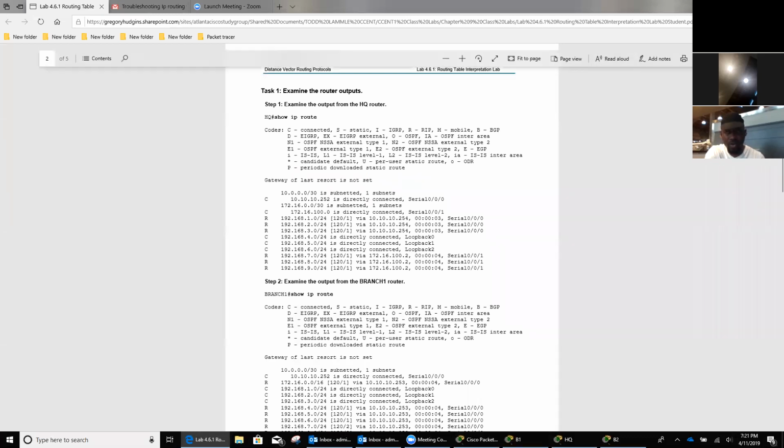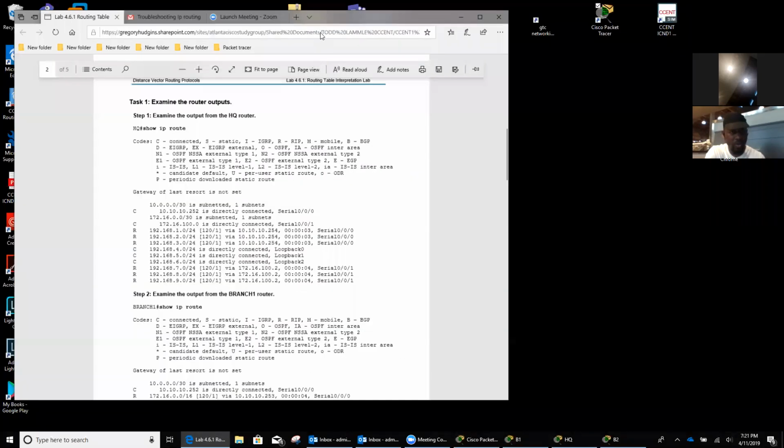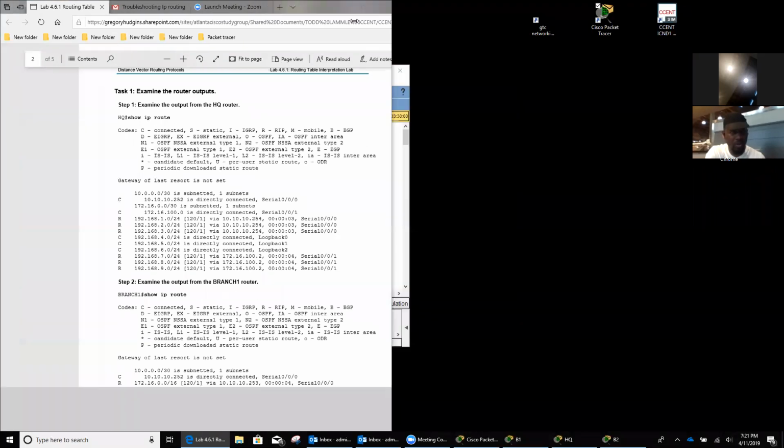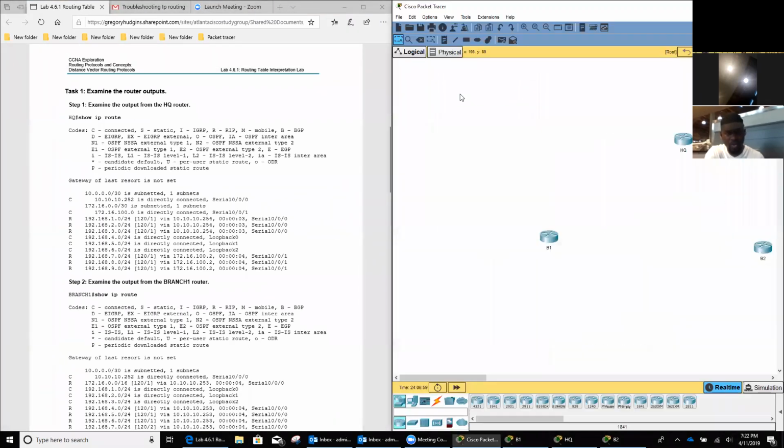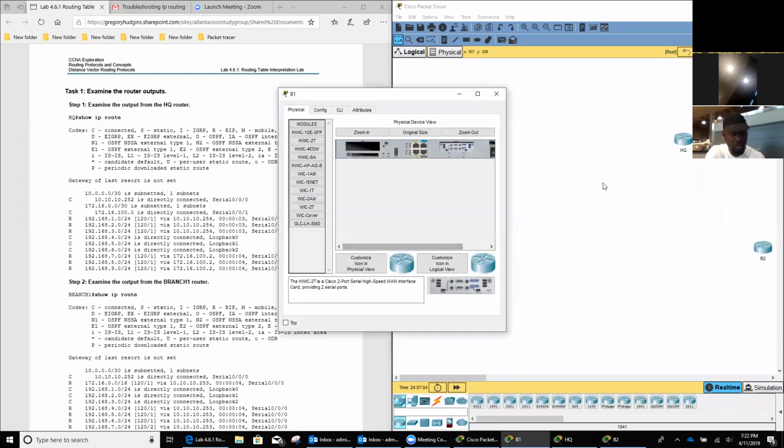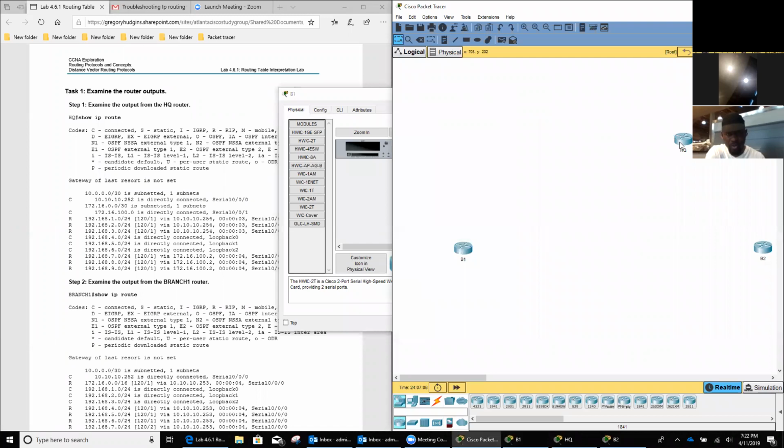If you're looking at the routing table here, you notice HQ has two different types of routes, right? If you look at the table, you've got routes with a C next to them and routes with an R next to them.